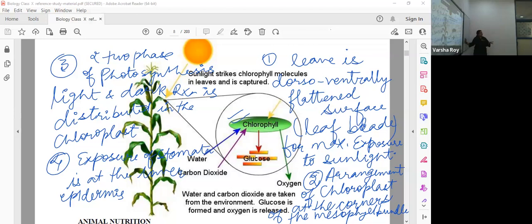Midribs and veins transport water to every mesophyll cell. Midrib veins distribute water inside the leaves. So there is a provision of water. आप ये लिख सकते हैं कि हाँ लीफ का अडैप्टेशन है. There is a facility of water pipelines, water channels, है ना, midribs वगैरह.